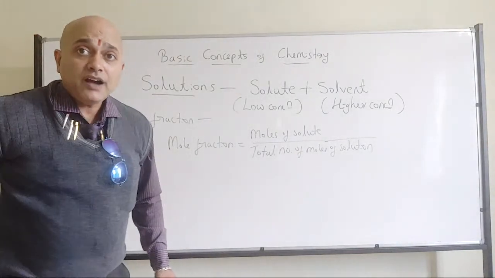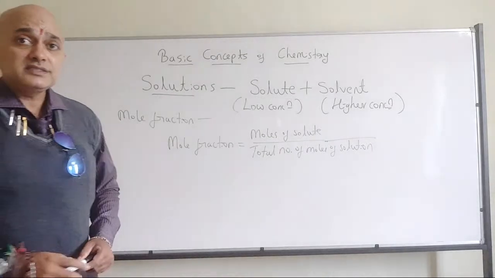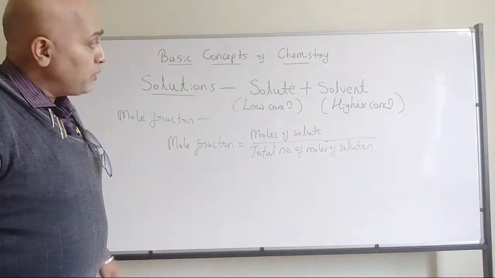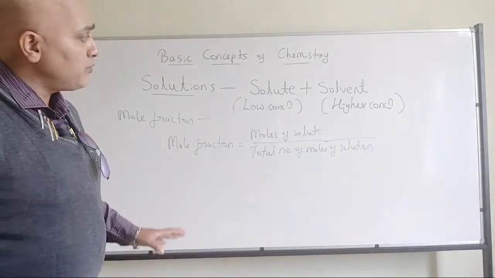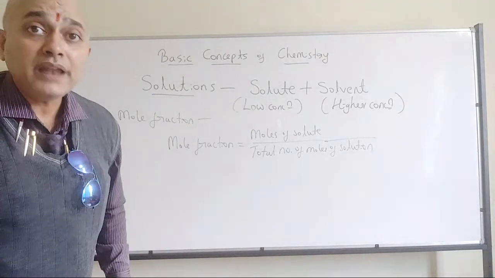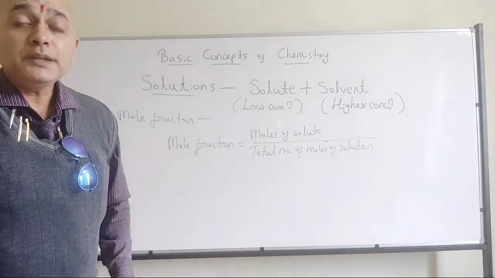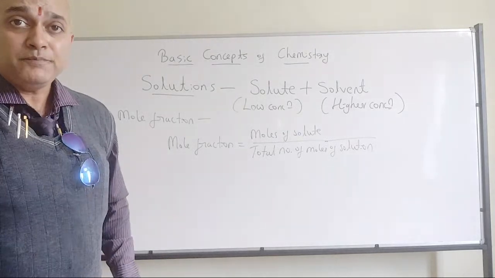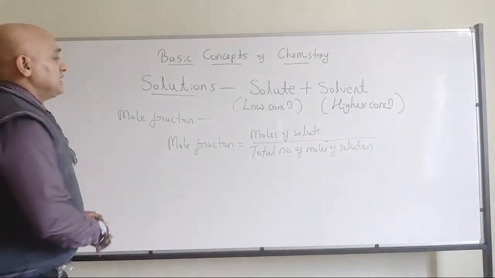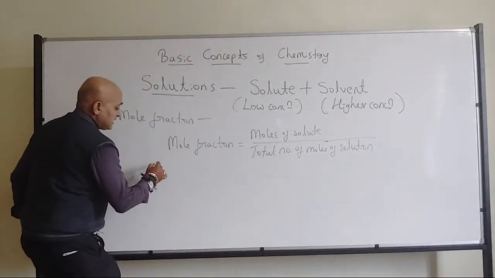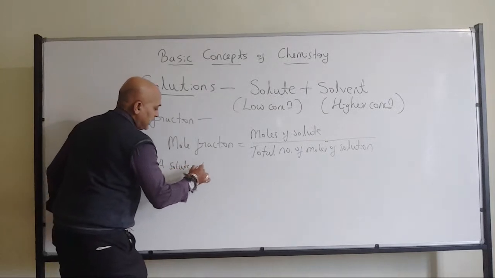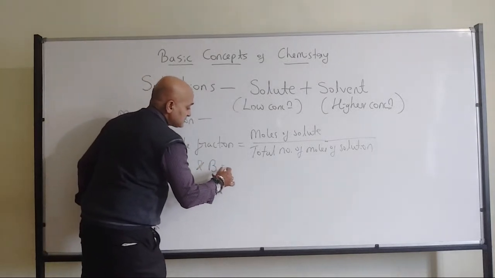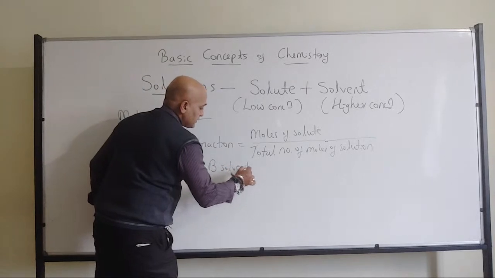Since earlier we have got mass percentage, some students will write mole fraction means mass of solute divided by total number of moles of solution multiplied by 100. No, multiplied by 100 is not there. Got my point? Now, by considering A as solute and B as solvent, okay?